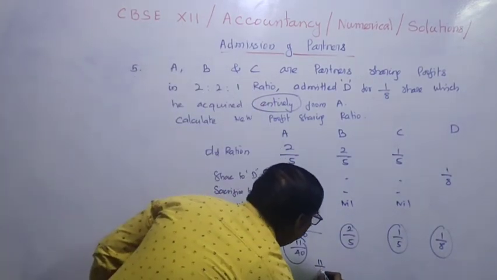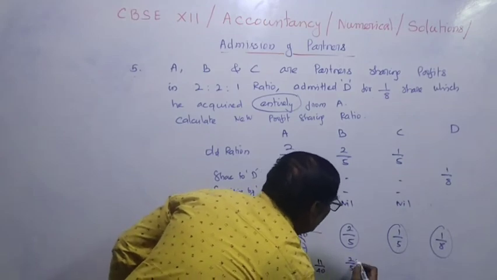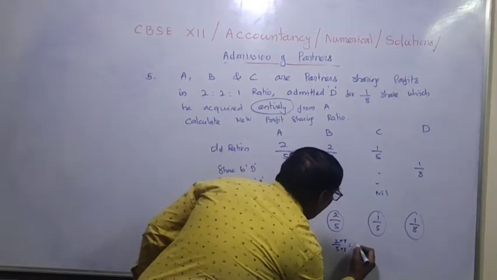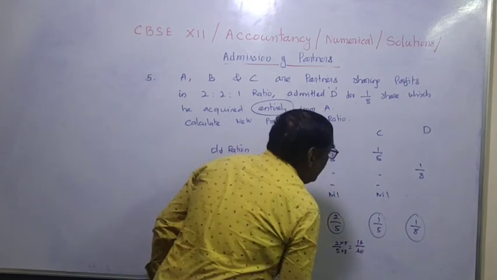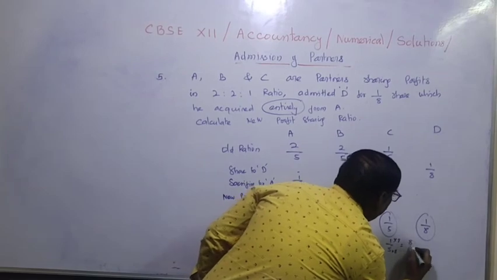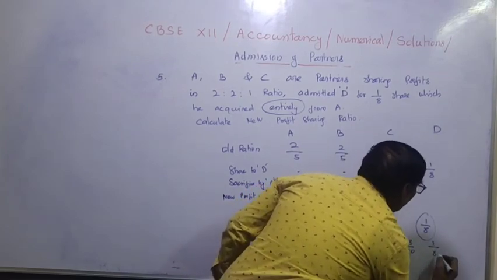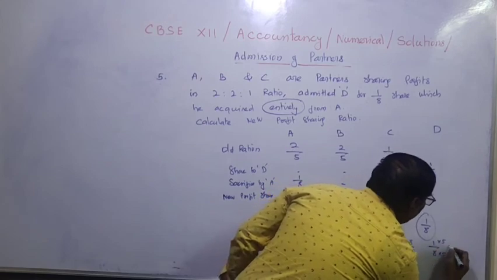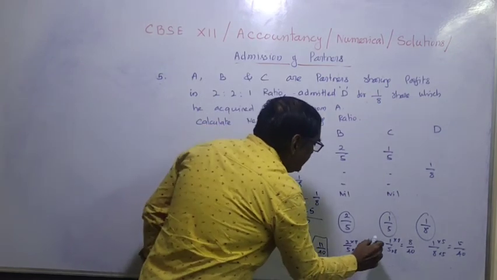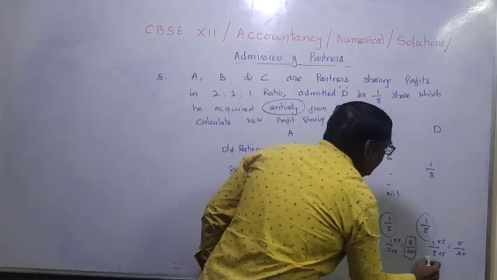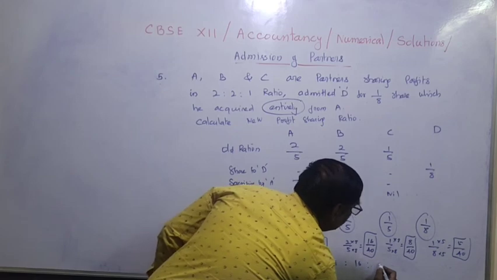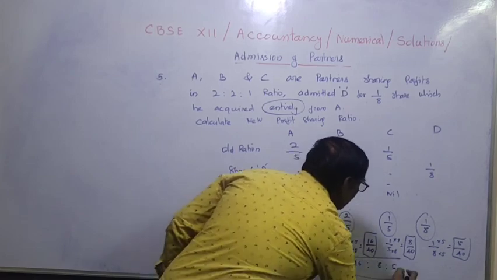So 11 by 40, 2 by 5 multiplied by 8 in both will come to 16 by 40, and then 1 by 5 into 8, 8 by 40, and here multiplying by 5, 5 by 40. So the ratio will be 11 by 40, 16 by 40, 8 by 40 and 5 by 40. So the ratio is 11:16:8:5. This is the new profit sharing ratio.